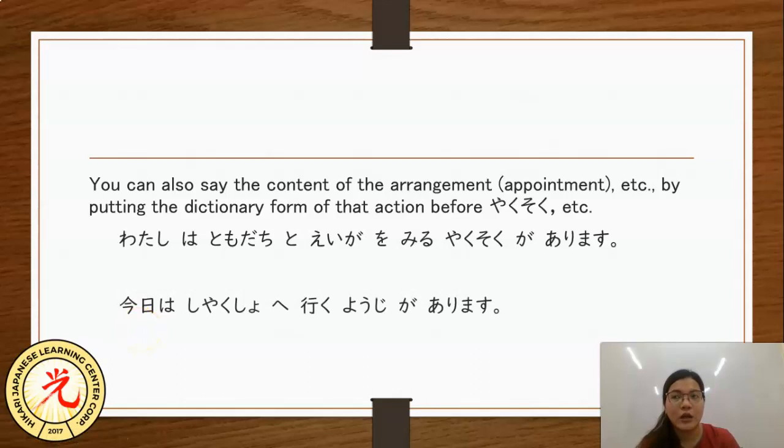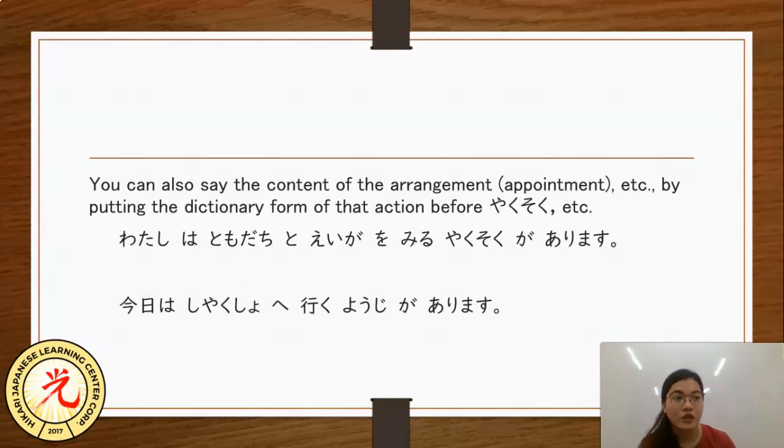Another is, kyo wa shiyakusho e iku youji ga arimasu. I have an appointment to go to the city hall today. Okay? So, may appointment ka, pupunta ka sa city hall ngayon.